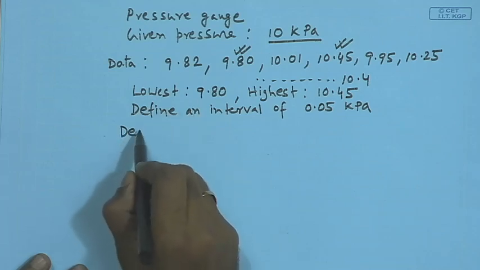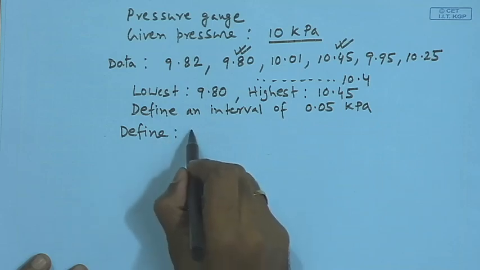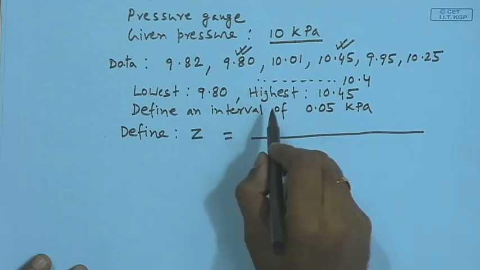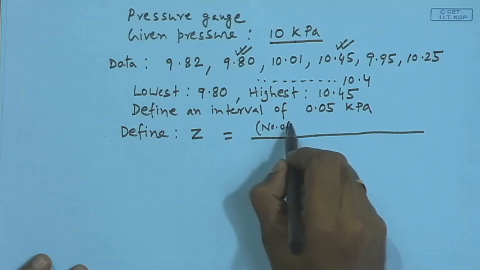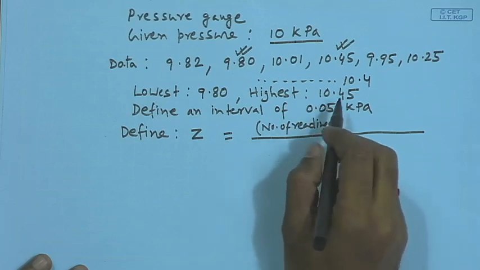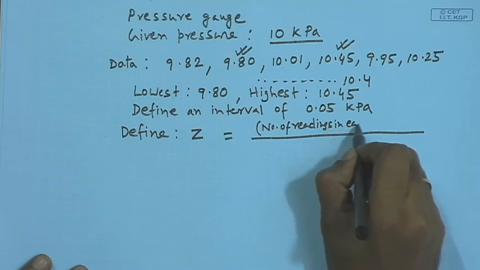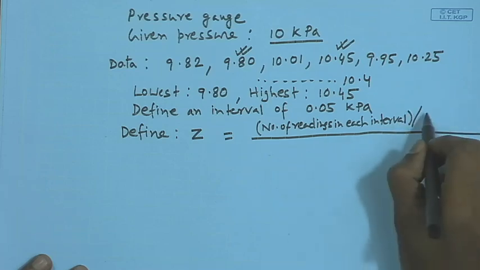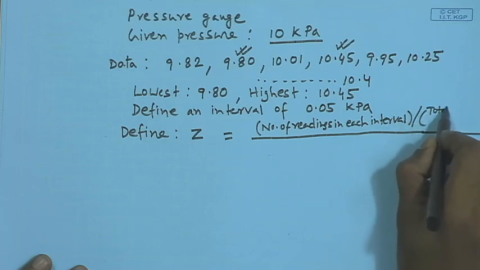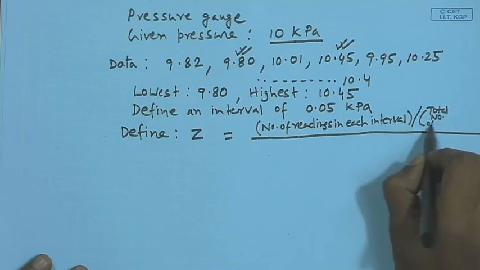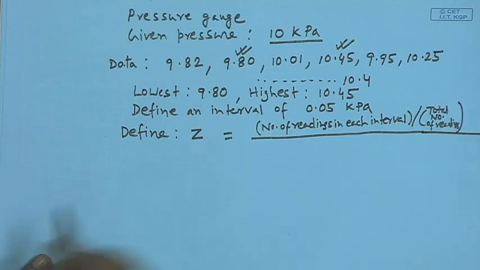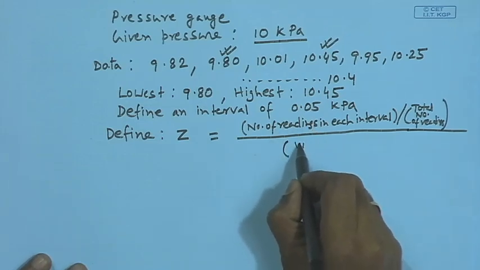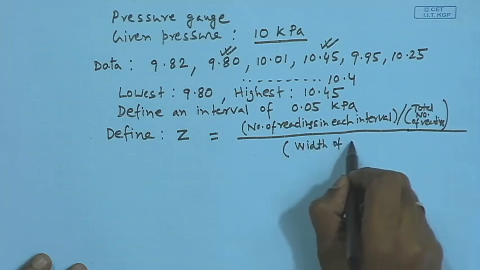So, let us define a quantity called Z, which is the number of readings in each interval, divided by the total number of readings, divided by the width of the interval.